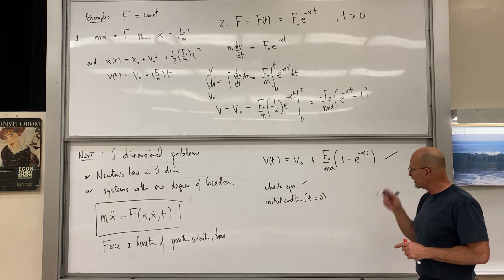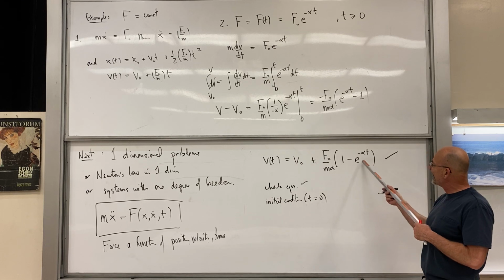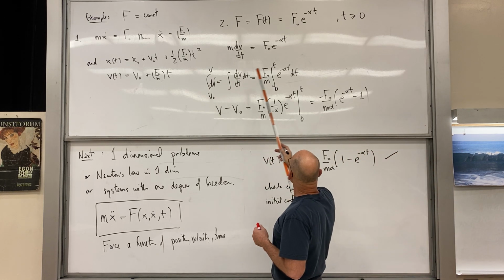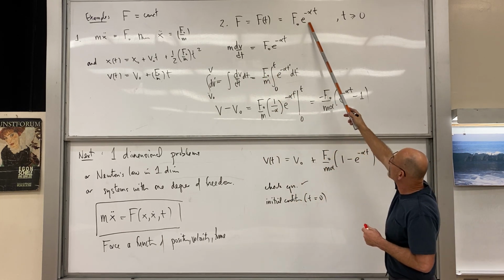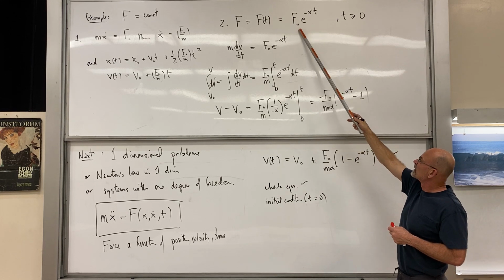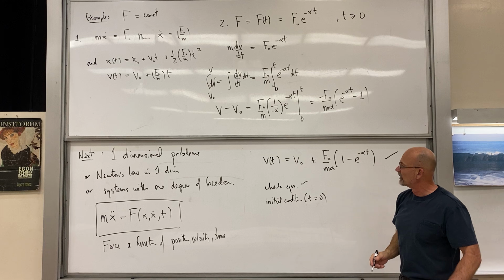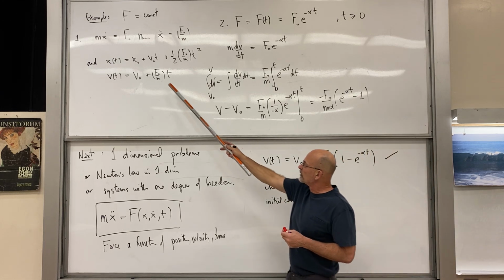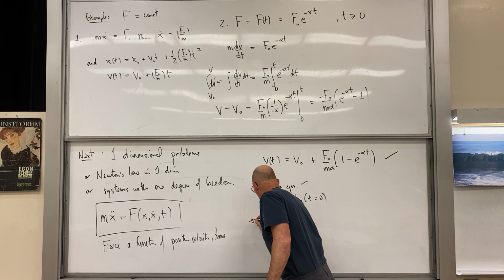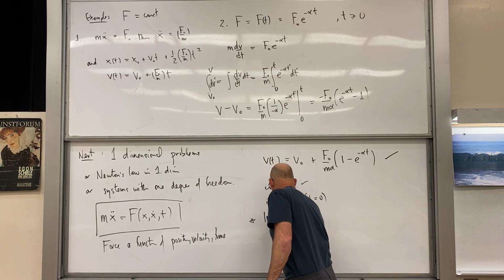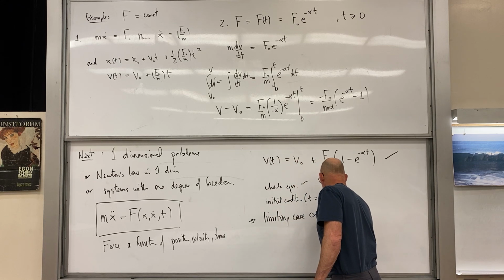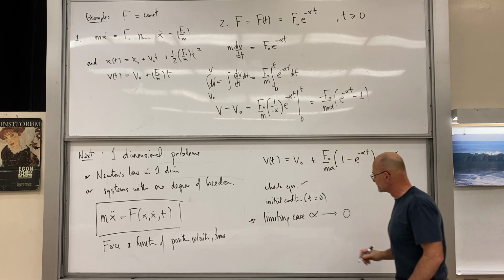But now the question is, what about the limiting case? Now, the limiting case, here we are, of alpha going to 0. When alpha equals 0, it's just a constant force. And the constant force problem we already solved. So this is the really important, I'll put a star here, limiting case, alpha goes to 0.